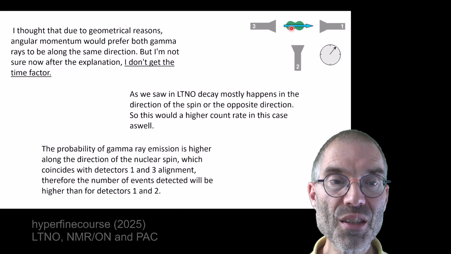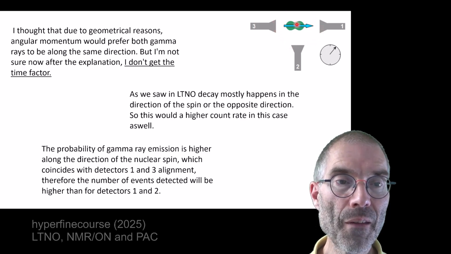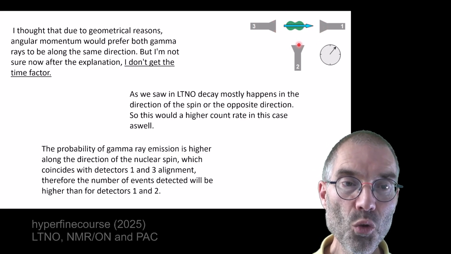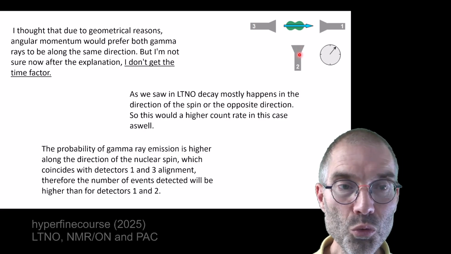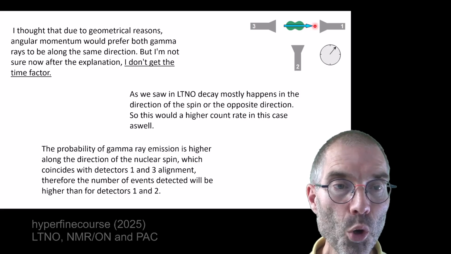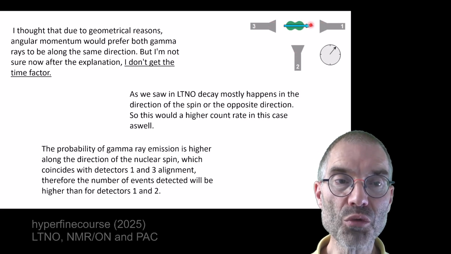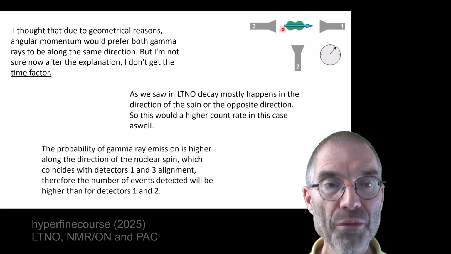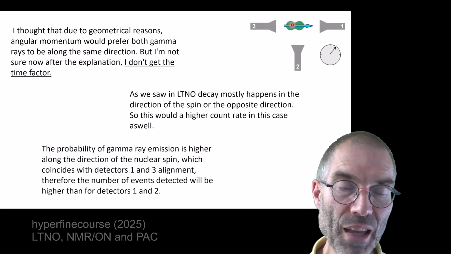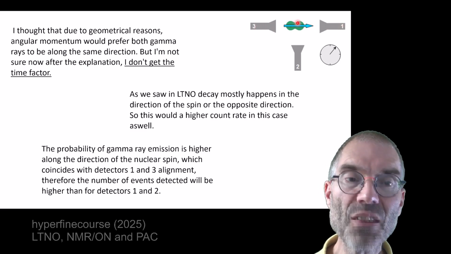So these spins here would rotate in the XY plane. After a while, this nuclear spin would point to detector 2, and at that very moment, there would be more 1-2 counts than 1-3 counts. After a while, the spin will point in the direction of detector 3, and at these moments you will have more 1-3 counts again, and so on.